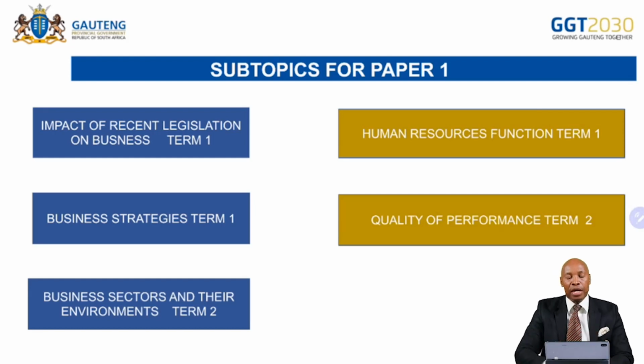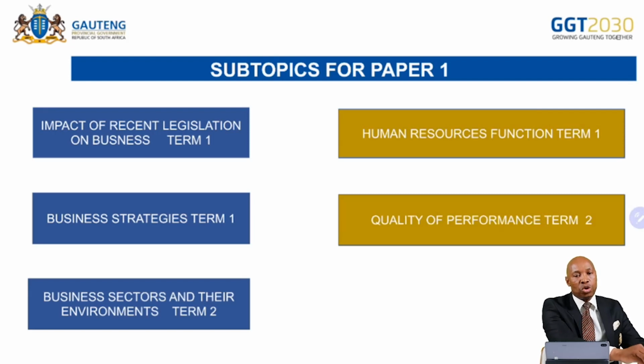Now, when you look at these subtopics, candidate, what is it saying to you? This simply says, for you to prepare for paper 1, you must have 5 sets of notes. You must have your notes on legislations, your notes on business strategies, and your notes on business sectors. All those make what?